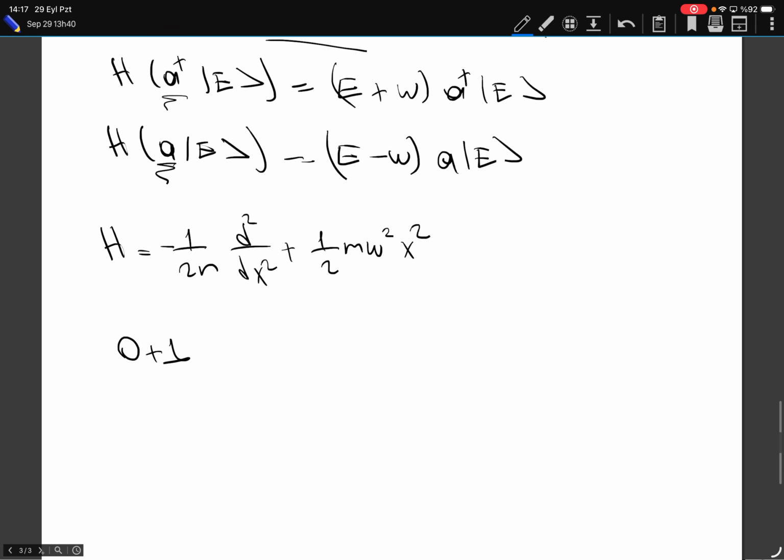Well, what will be anharmonic terms? P squared over 2m plus 1 over 2m omega squared x squared. These are the terms that we dealt with. Then I have, let's say, lambda x to the 4. I don't add x cubed because it's not bounded from below. Potential energy has to be bounded from below.